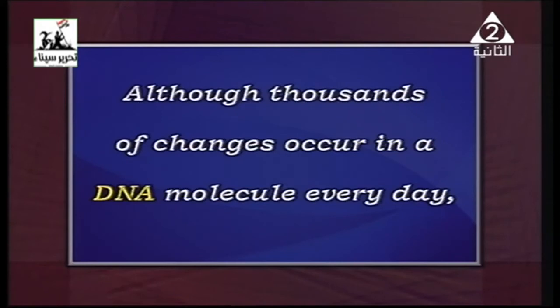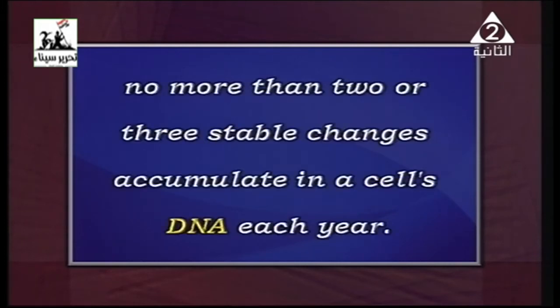Although thousands of changes occur in a DNA molecule every day, the DNA itself remains constant and fixed. I mean, it has a kind of stability. No more than 2 or 3 stable changes accumulate in a cell's DNA each year.